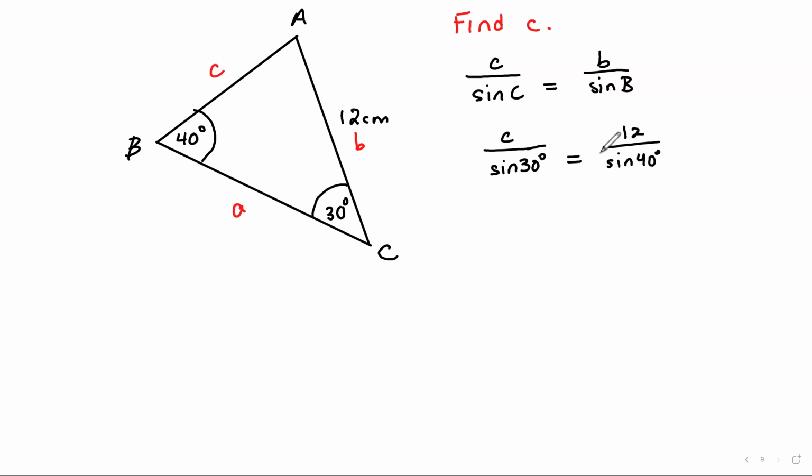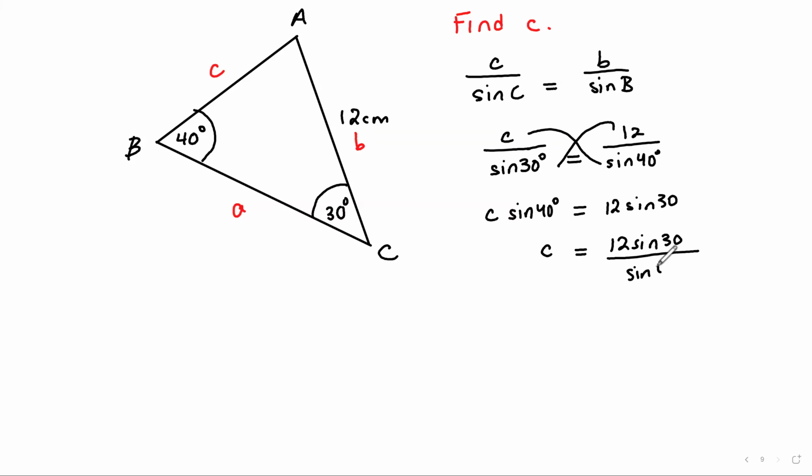Then I cross multiply. So C times sine of 40 is equal to 12 times sine of 30. Therefore, C is equal to 12 sine of 30 divided by sine of 40.